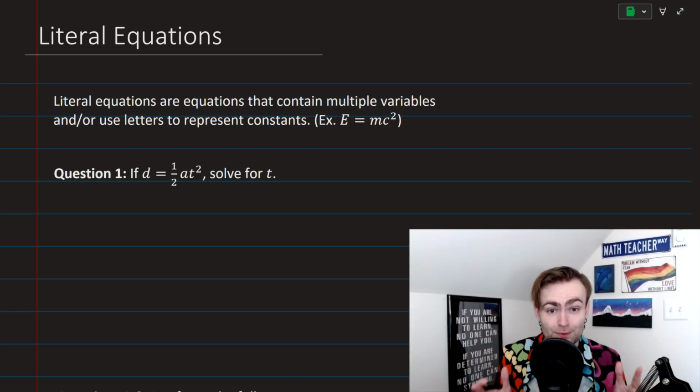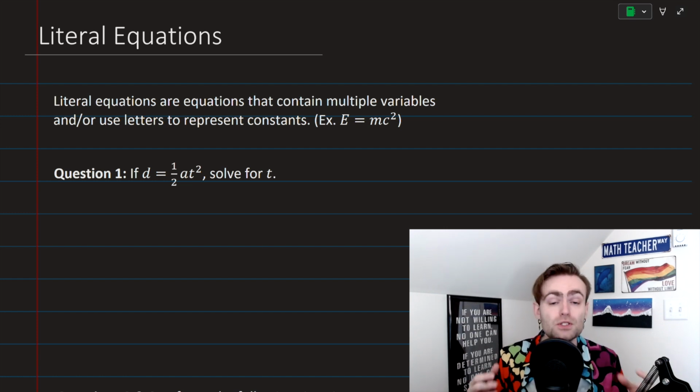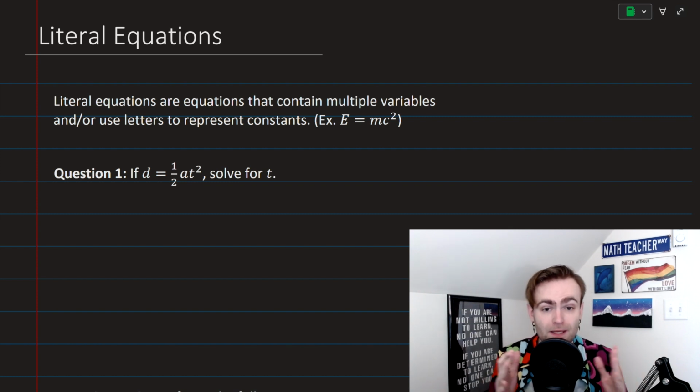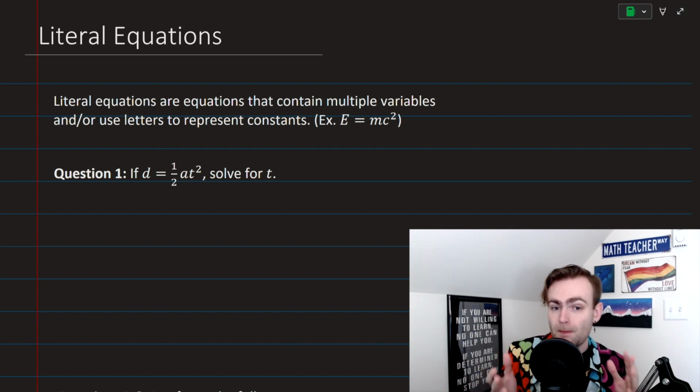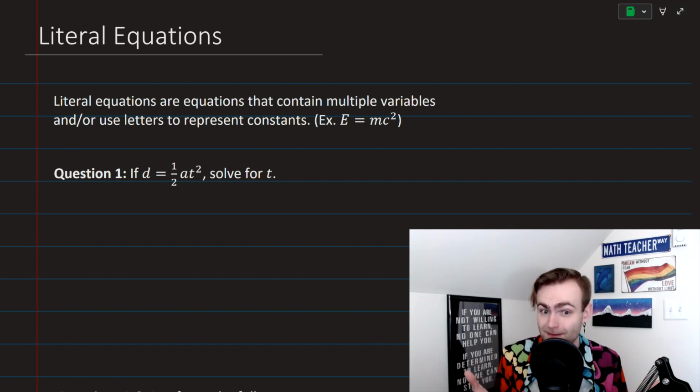So let's talk literal equations. That might sound a little bit weird as a topic, but you can essentially think of it as manipulating formulas, or equations in which we have both constants and variables represented by letters.